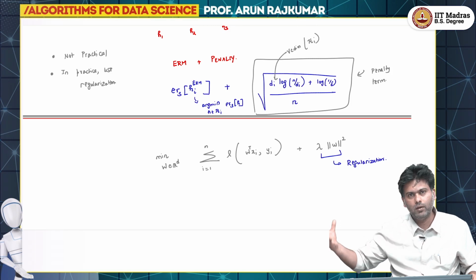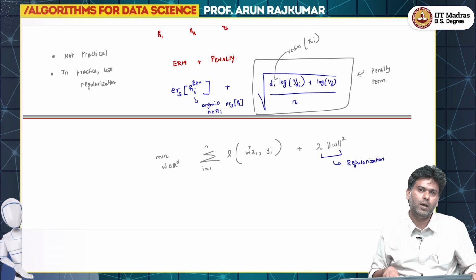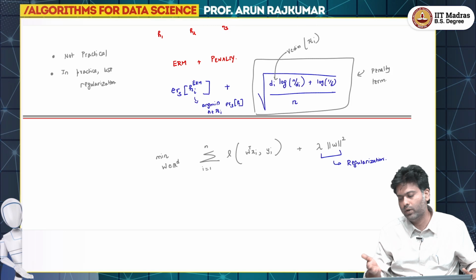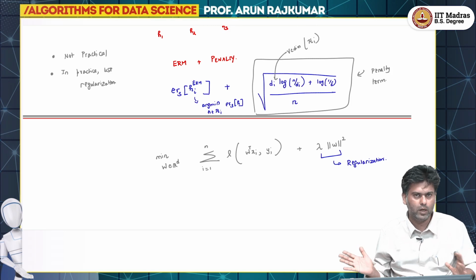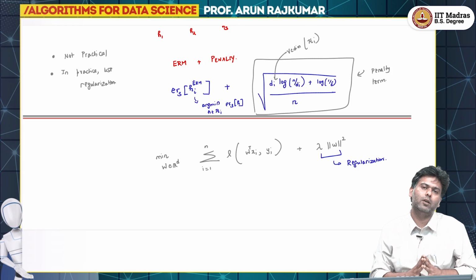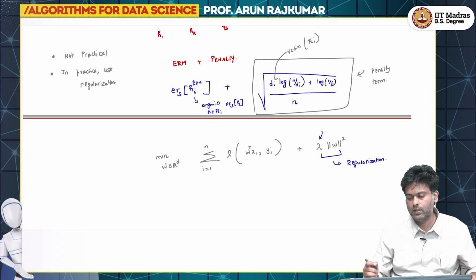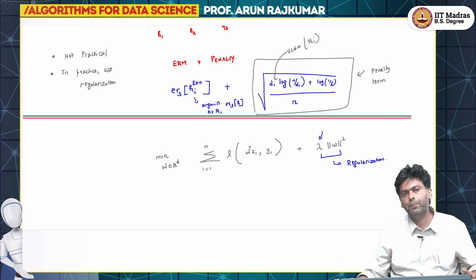That will have a bigger VC dimension, but because I am doing this regularization, I am effectively making a lot of w's smaller or close to 0, depending on the type of regularization, L1, L2, etc. So I am not really learning in the original H_k, but in a smaller space. Where exactly I learn is directly controlled by this lambda, which is a hyperparameter that cross validation will help us with.